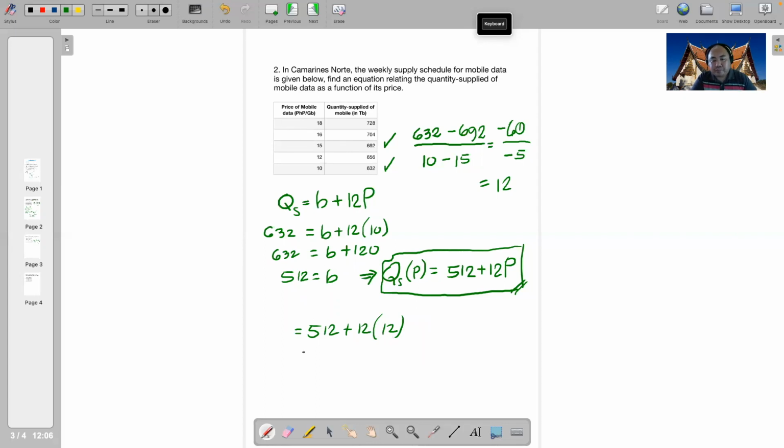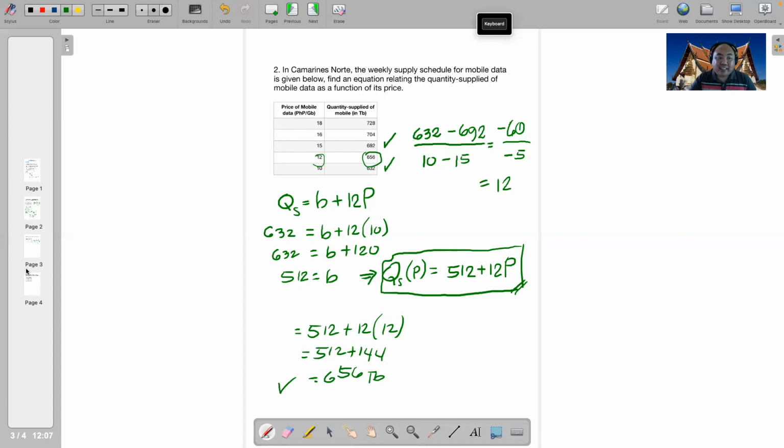That's 512 plus 144, which is 656 terabytes. Which is correct, right? Indeed, when the price level is at 12, the quantity supplied is at 656. So yes, our supply model is correct.